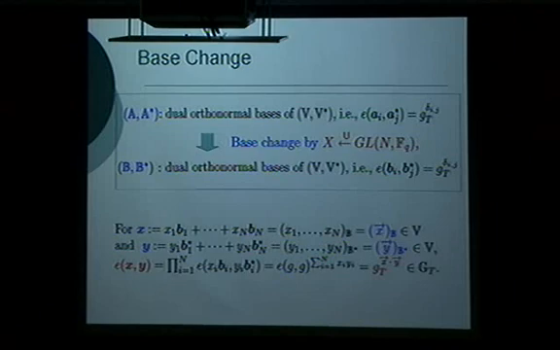Then, due to the property of the orthonormal basis, the pairing of x, y is this expression by the definition. But due to this orthonormal property, if i and j are not equivalent, then the pairing value is just 1.